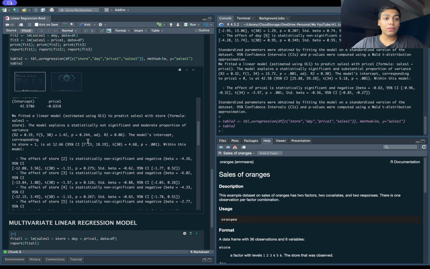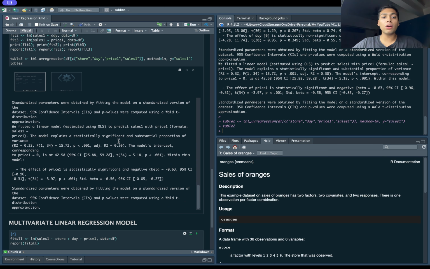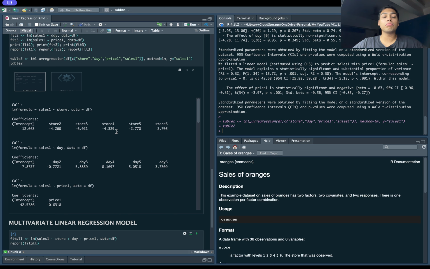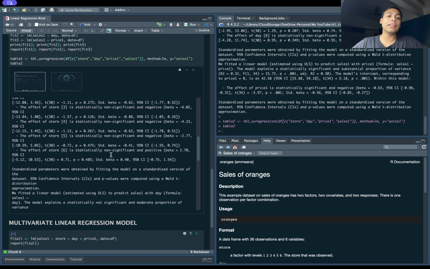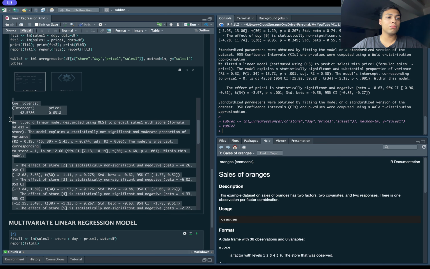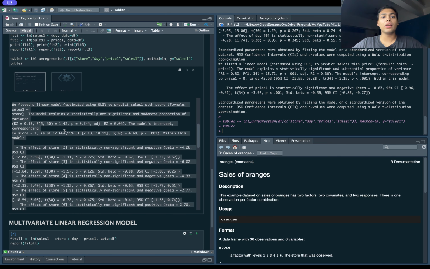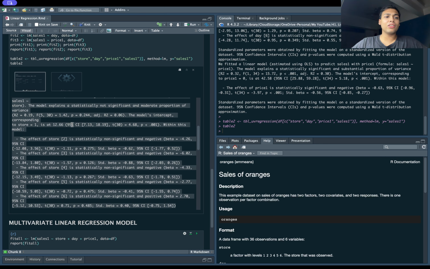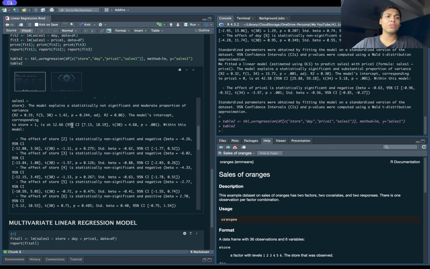You get R square somewhere here, so 19%, and so on and so forth. So you get all that data condensed. Well, relatively condensed, and you don't have to do any manual work. Just write report fit 1. You have it. So extremely useful.